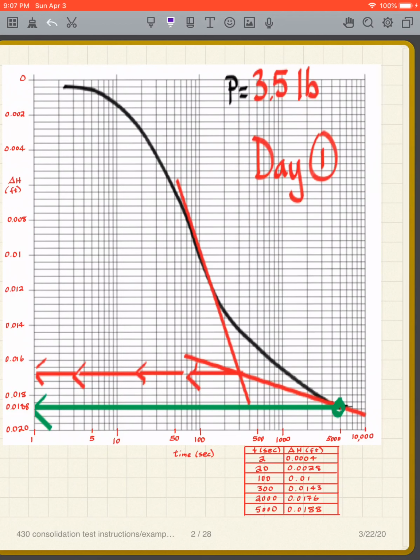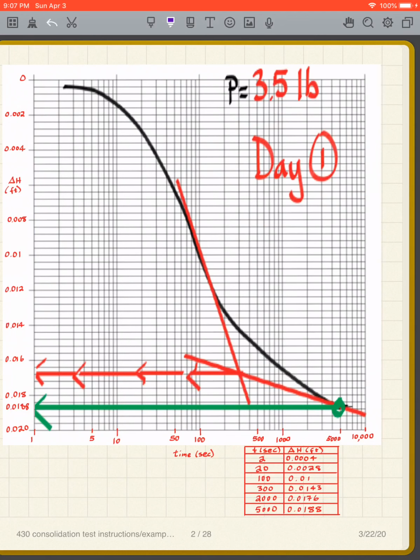Now, in this particular case, what we do is we look at the data here. We have to figure out what our y-axis is going to look like. I have to choose the scale. Now you can plot it automatically, or you can use Excel or something like that, but I'm going to show you how to do this by hand. It's pretty straightforward.